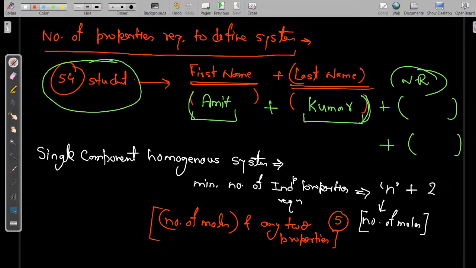If I know these two things, then I can fully define a single component homogeneous system.